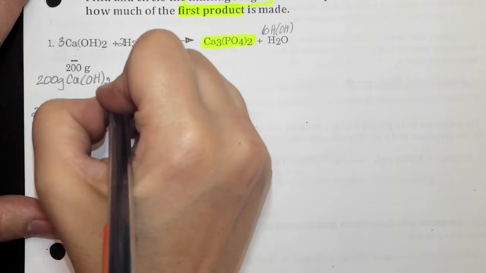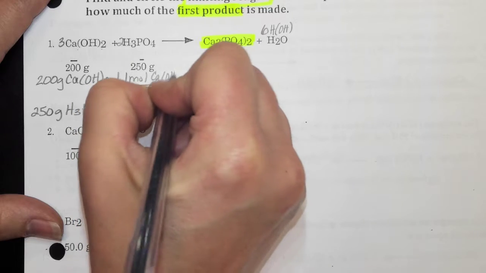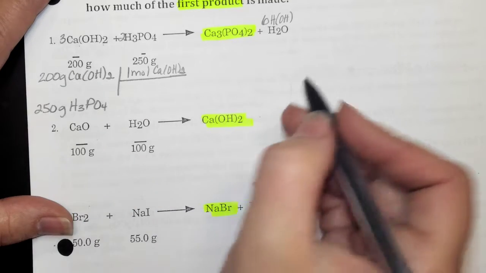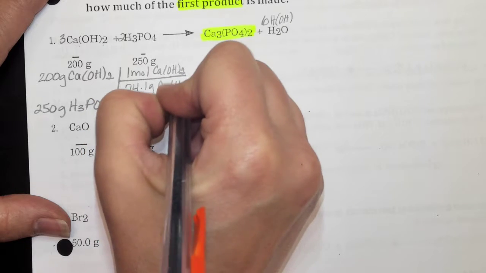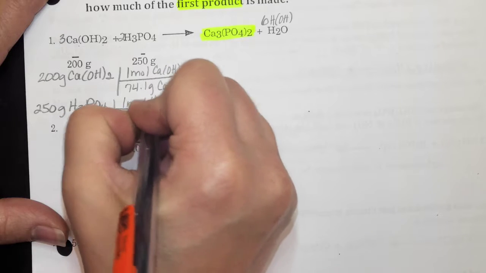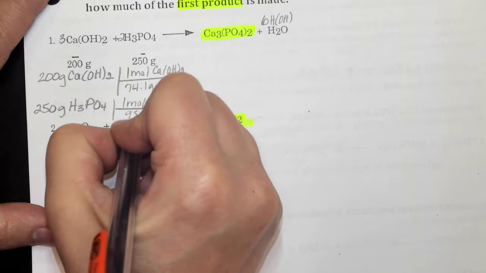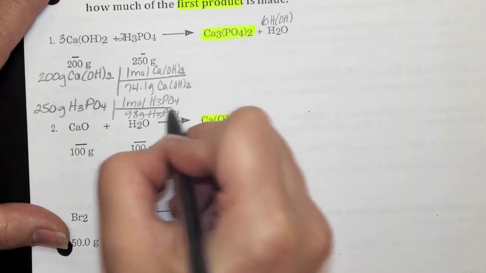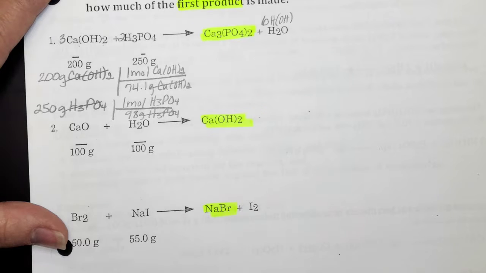Moles. 1 mole of CaOH2. And I already did those calculations for you. It is 74.1 grams of CaOH2 and 1 mole of H3PO4 is 98 grams of H3PO4. Grams cancels, grams cancels. I'm now in moles.